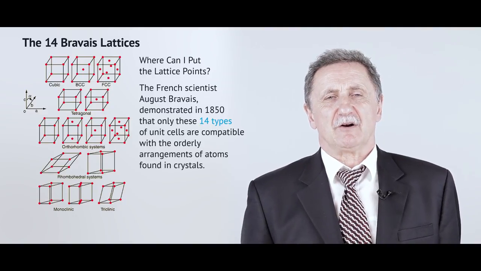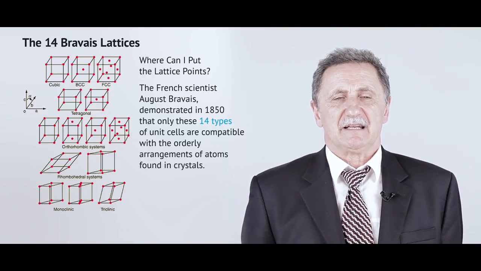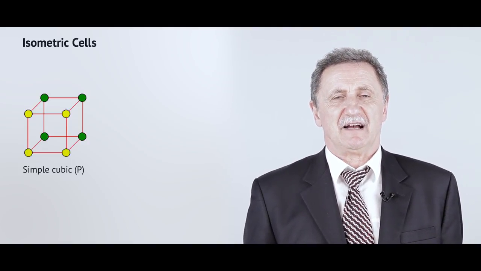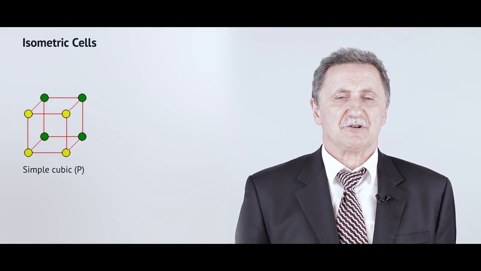Again, the cubic or isometric cell can exist in 3 different forms. First of all, we are talking about the simple cubic system, or primitive cubic system, shown on this slide on the very left, and the letter P is used to define this type of cubic structure.